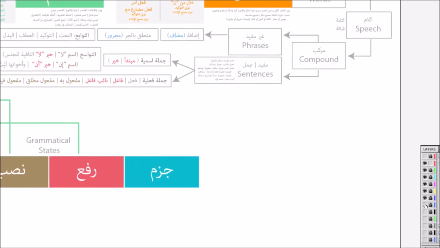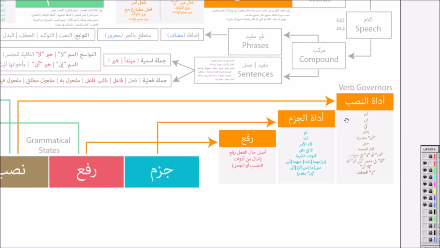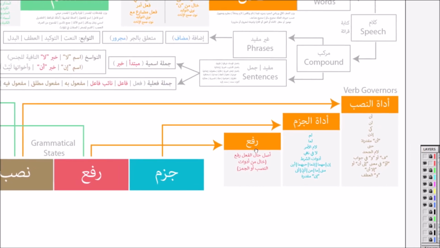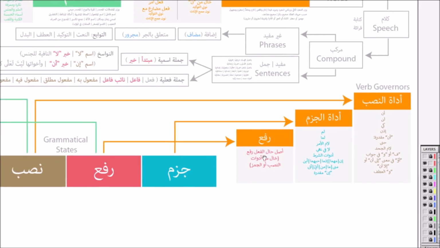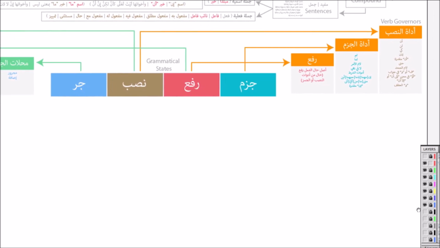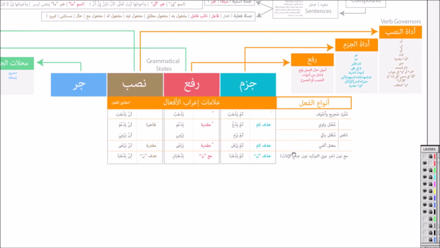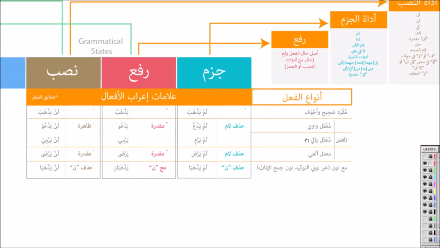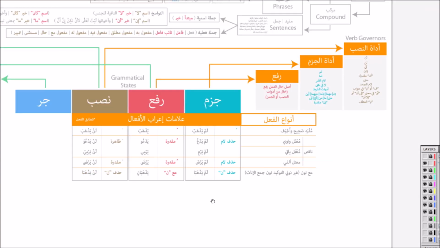Then we have the verbs, and we have the adat of nasab and the adat of jazm. And of course, if there's no governors, then it will remain in the state of rafa, its natural case, its natural state. So for the verbs, they are reflected in the state of jazm and rafa and nasab according to their governors, depending on what type of verb they are and if they have weak letters, for example.